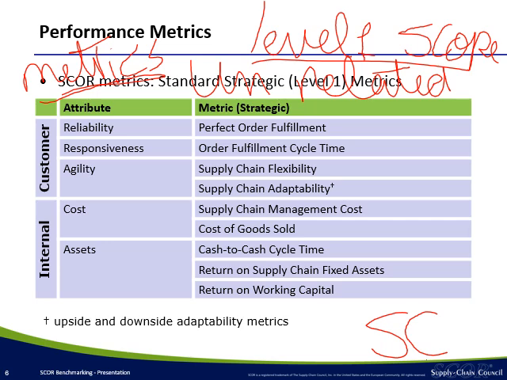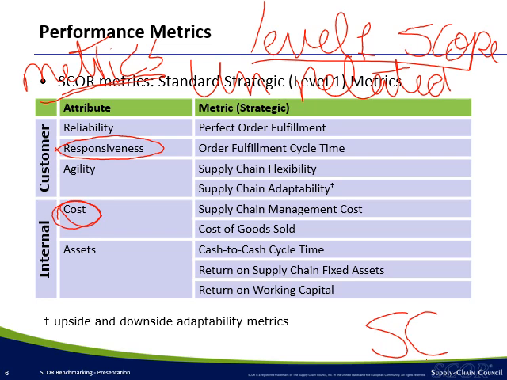The obvious thing is it either competes on the cost or on the speed responsiveness. This is what you learn in the supply chain management course, that the supply chain is either cost efficient or responsive supply chain.